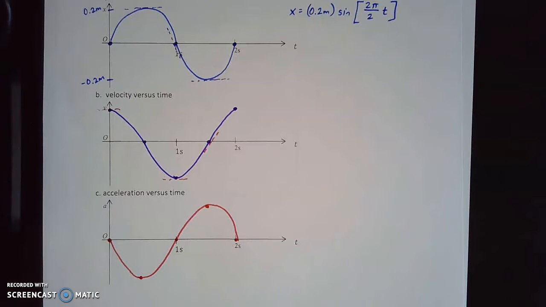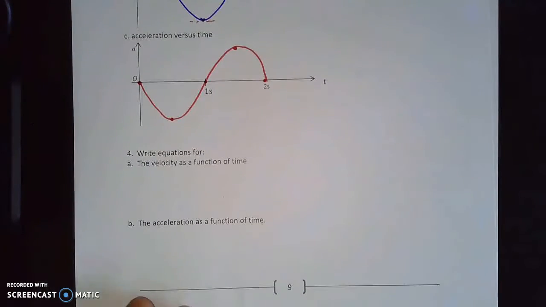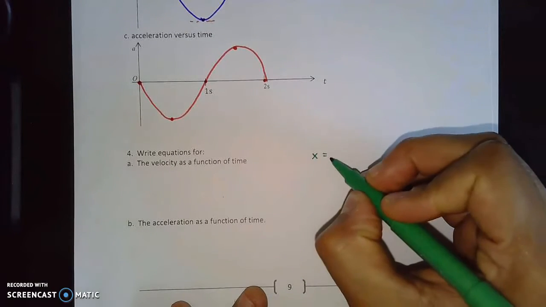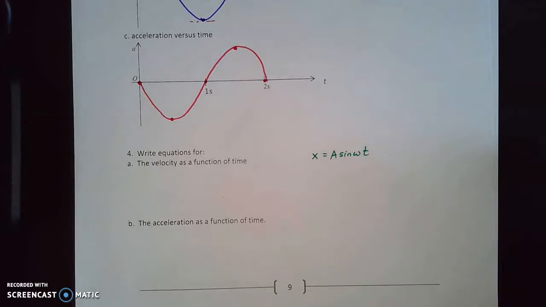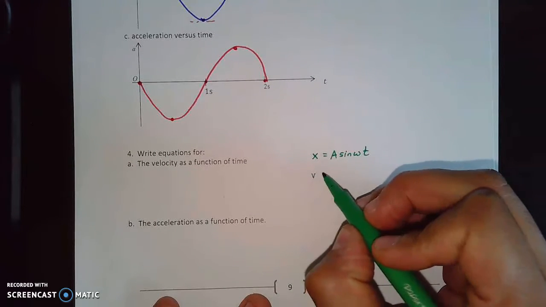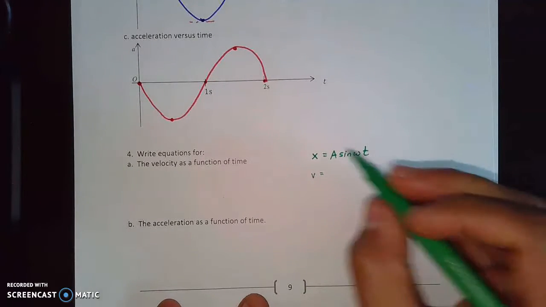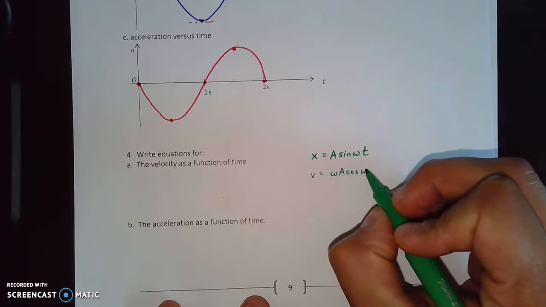Now, notice I haven't labeled anything on my velocity time or acceleration time graphs just yet. In order to do that, I need to remember situations associated with my equation. Just a quick review, because I'm going to have to write my velocity and my acceleration as a function of time. As I'm going from position to velocity, what I'm doing essentially, for those of you that are calculus based, is taking the derivative of this function. When I do that, I get an equation that looks like that.